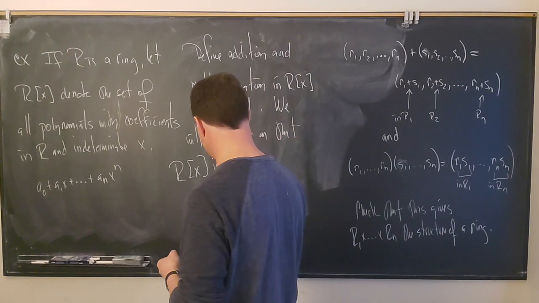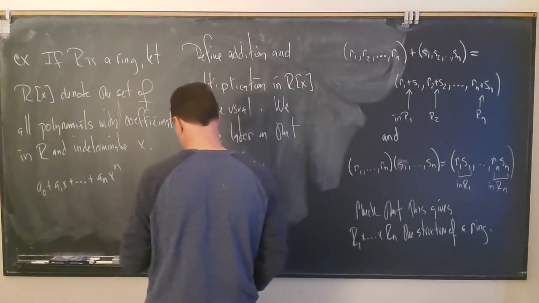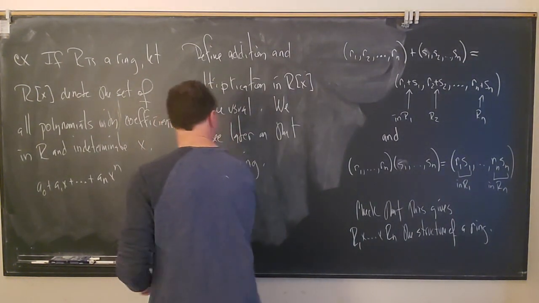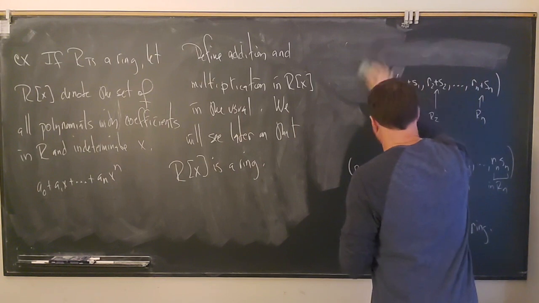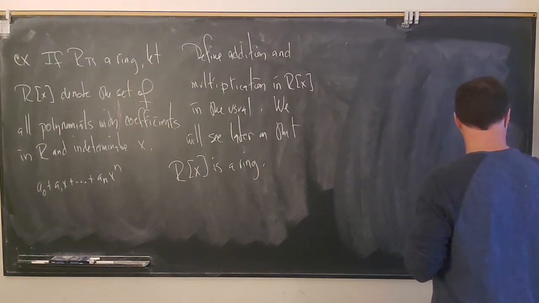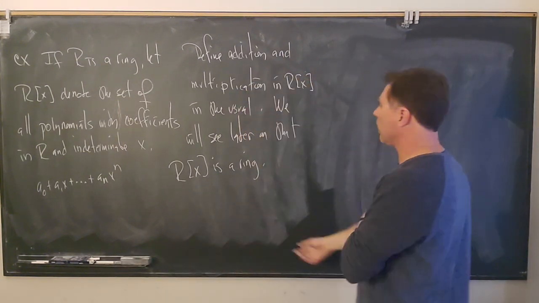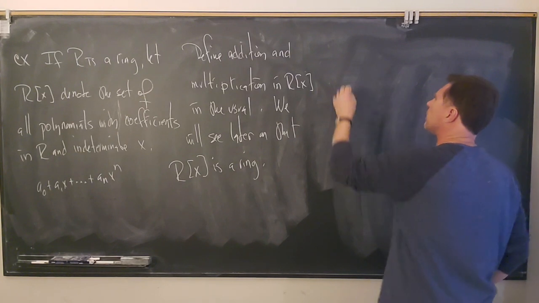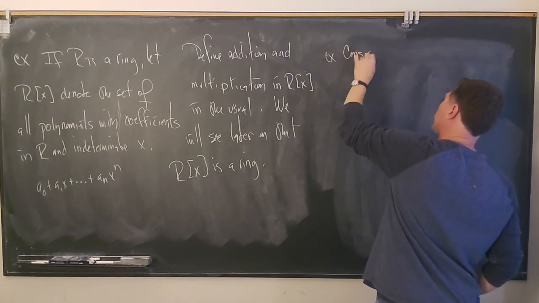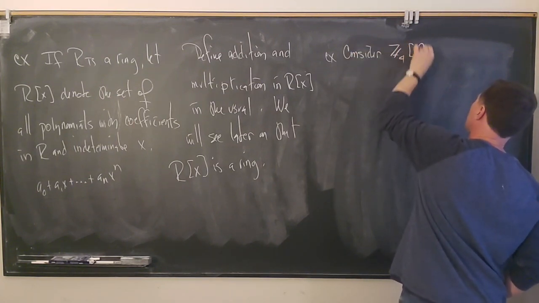So let's see. Here's just an example. Rather than actually writing down the general formula for multiplication of two polynomials, we already know how to do this. So let's consider Z sub 4 bracket x.